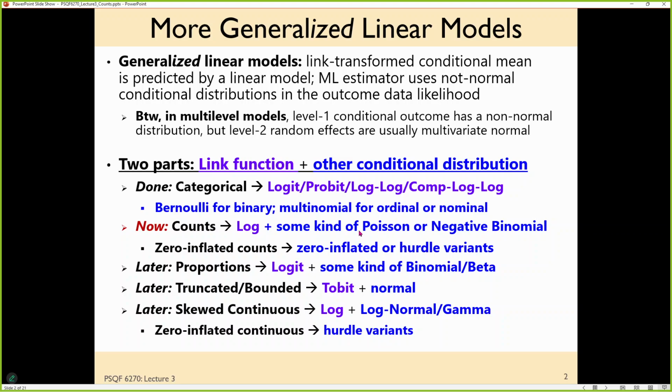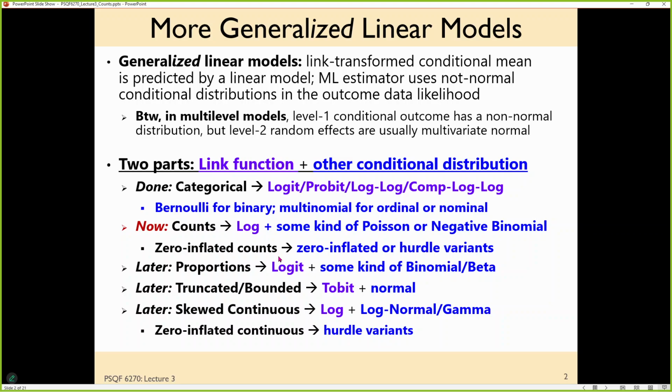The new concept for this unit is that we have decisions to make about what the most appropriate distribution should be. For counts, you're going to see 4, maybe 5 or 6 potentially. There's a lot of them. So that's where the some kind of comes in.